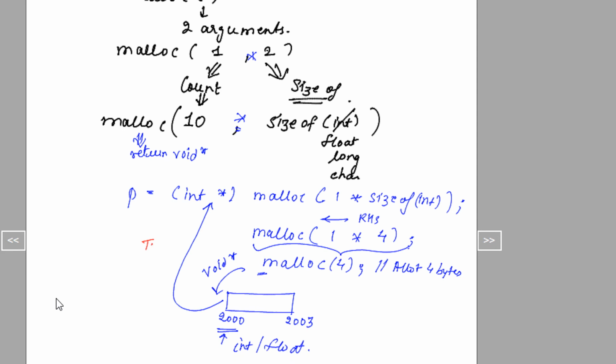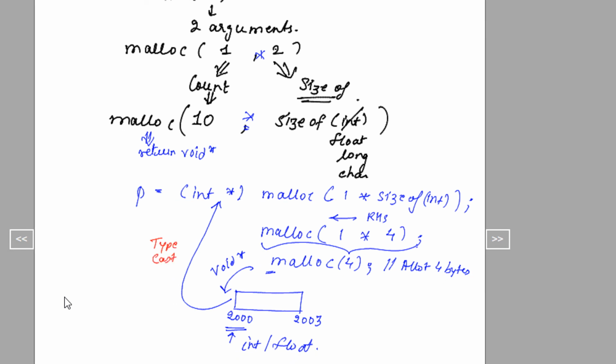So this is typecast. So now this pointer P will be pointing to 2000 and star P will be pointing to the content of this particular memory location. So this is how malloc works.